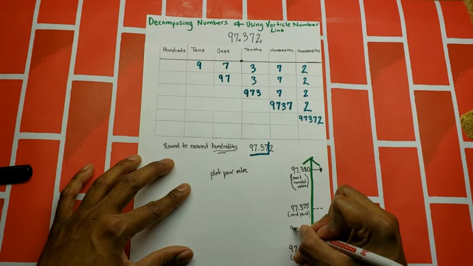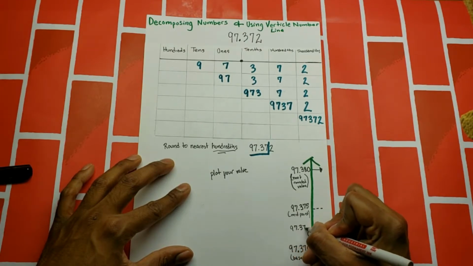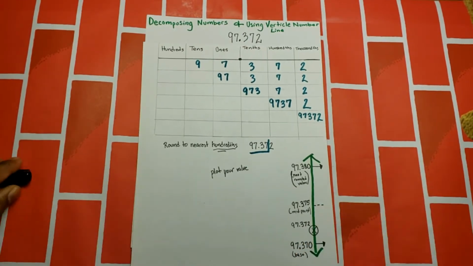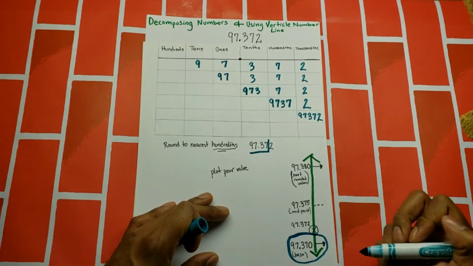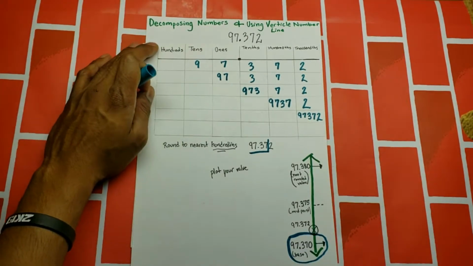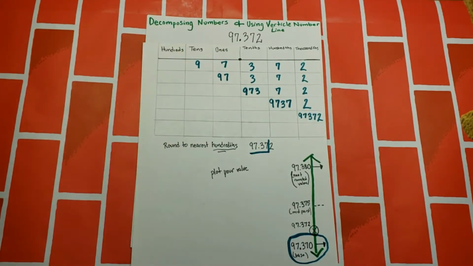So my value is here. And now that I know that it is below the halfway point or the midway point, I'm going to round down. And this is how we use the decomposition of numbers as well as the vertical number line.